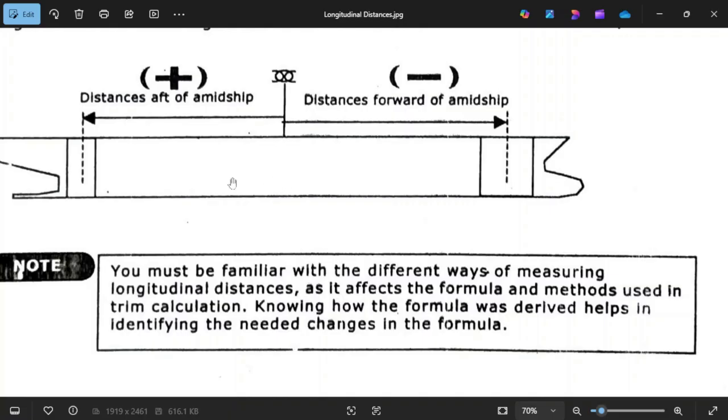But if your center of rotation is on the aft part, somewhere here, the tendency of the fore part will sink, and this will rise. That's why you have a big trim. And the mean drop and the hydrostatic drop will never be the same. There will always be a difference. That's what it means there. Okay?